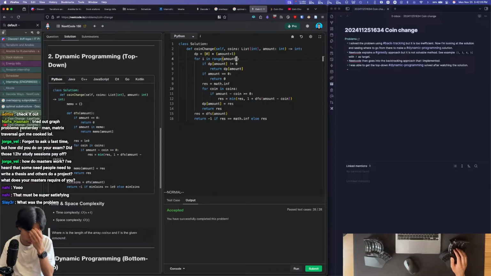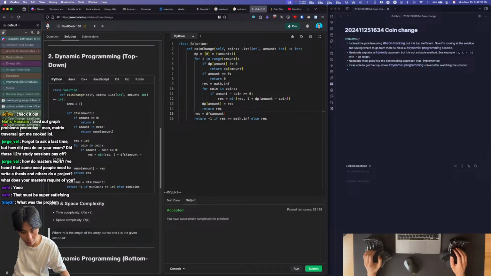Do we start from, let's see, instead of doing any of these DFSs, it'll be a DP. And any of these DFSs just becomes DP of the original amount.